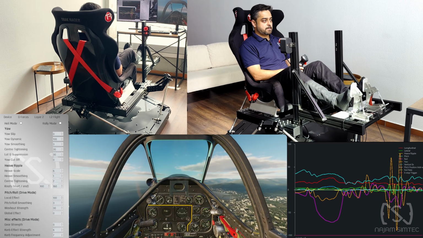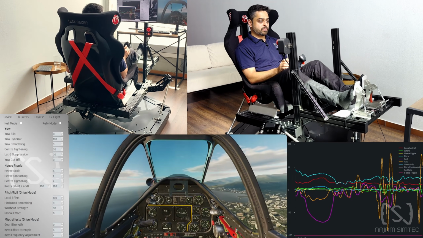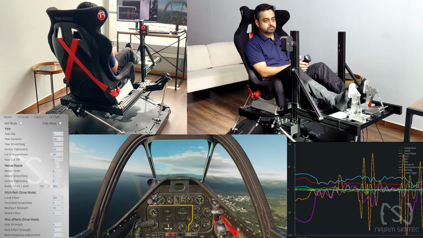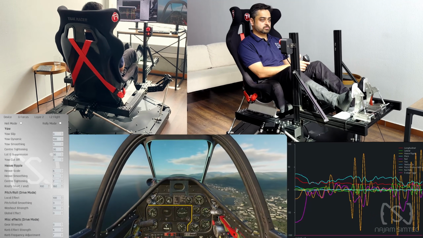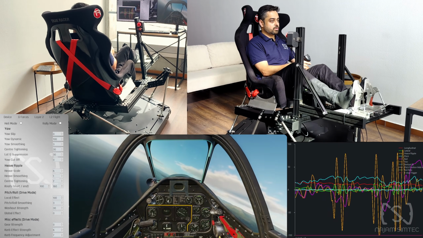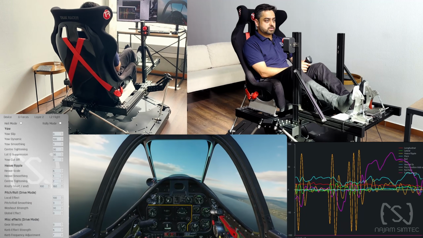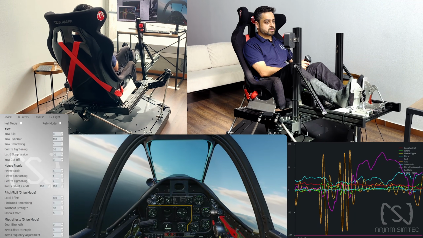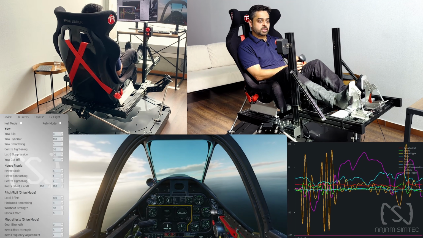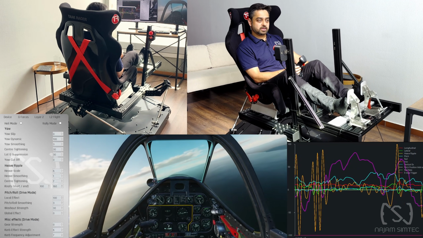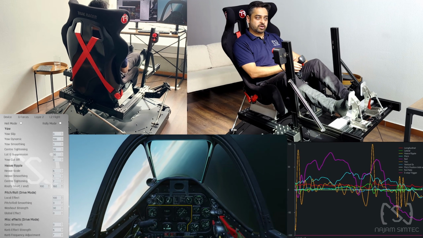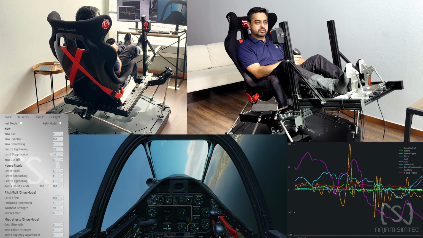And regardless of the orientation, even if I'm sitting at, let's say, a really small bank angle, if I do my yaw, my yaw is coming out at this yaw axis. Now let's do a little bit of G's.